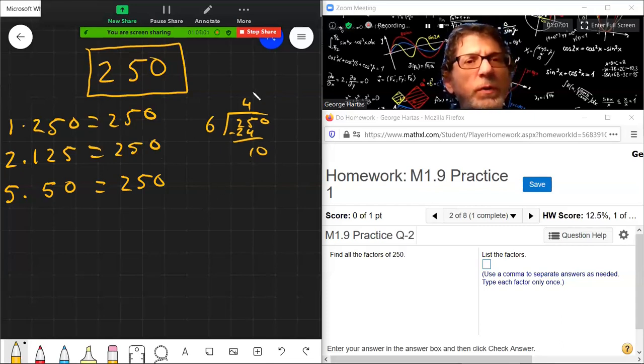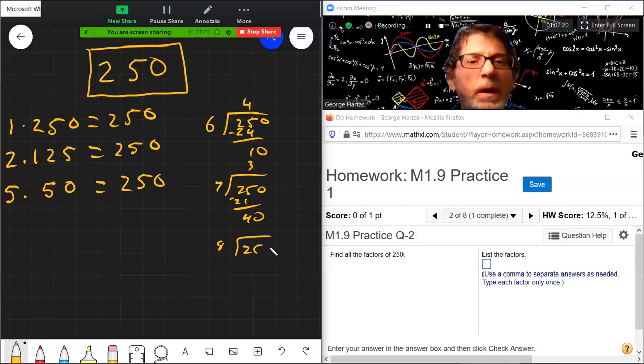Does 7 go into 250? 7 goes into 25 3 times. 7 does not divide into 40. Nope. Does 8 go into 250? 8 goes into 25 3 times.